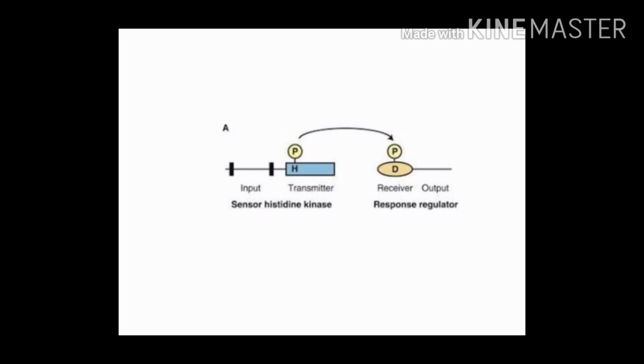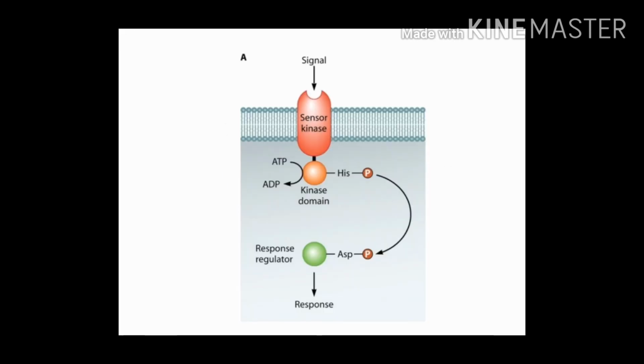Thus, sensor proteins containing transmitter domains are called autophosphorylating histidine kinases. These proteins normally function as dimers in which catalytic site of one subunit phosphorylates the acceptor site on the other subunit when an environmental signal is received.